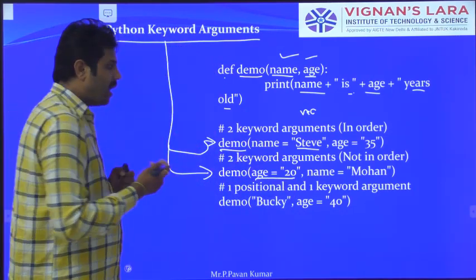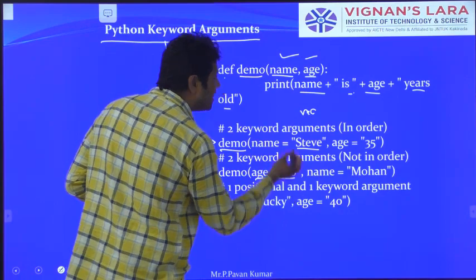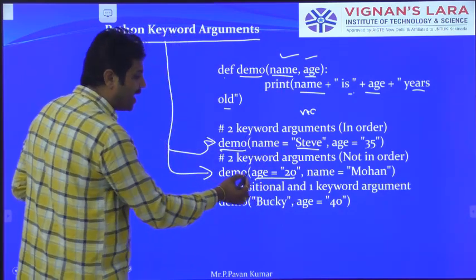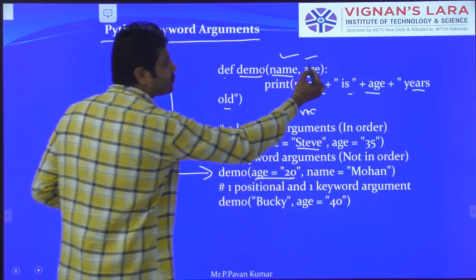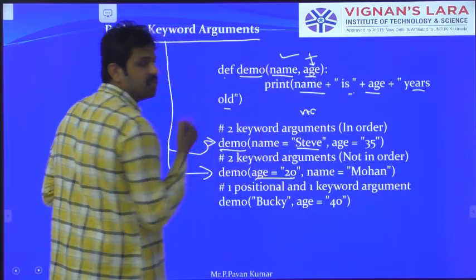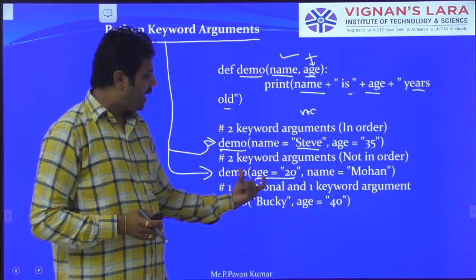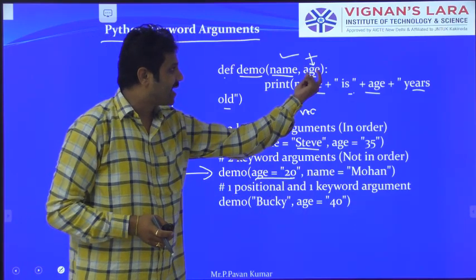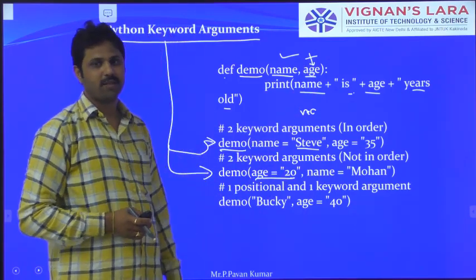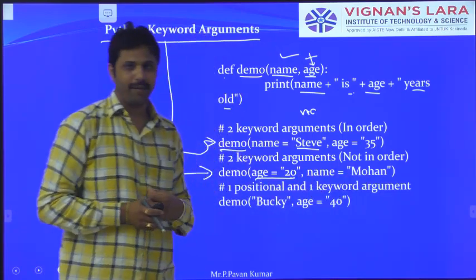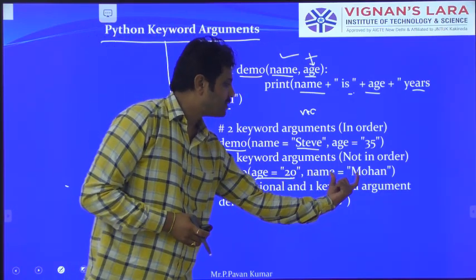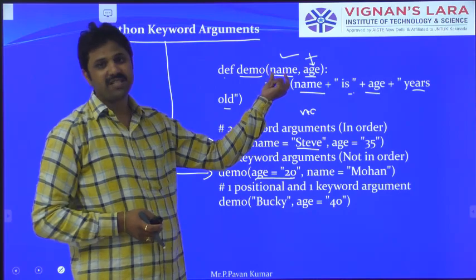So here, first argument is name, but what you write is age equals to 20. Where is age? Age is here. So in Python, it will automatically treat this as the second argument, not the first argument. And name equals to Mohan. It will take this name Mohan as the first argument.